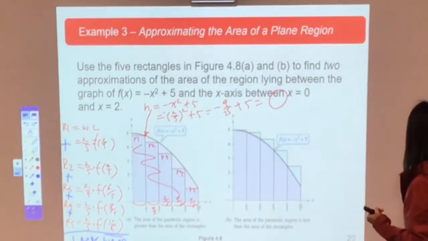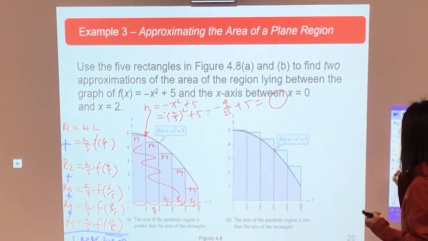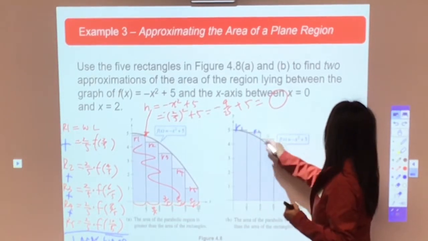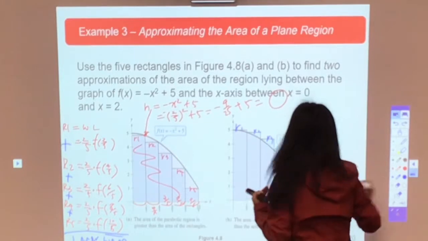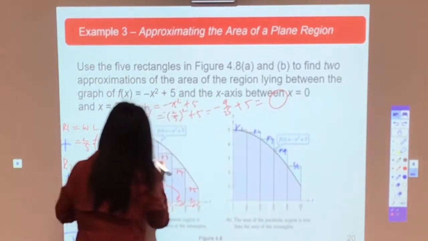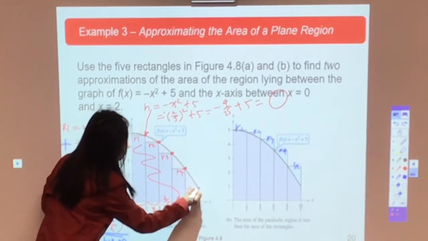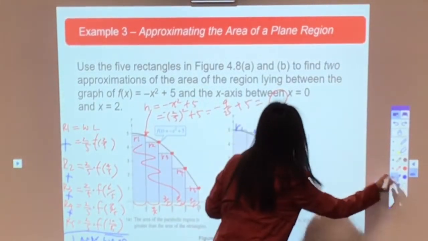All right, how would you find the upper sum? I call it R1, R2, R3, R4, R5. All right, class, look at this. My height is where I put this, on the right-hand side for this case. That one's on the left-hand side. Where do I put my height in this case?